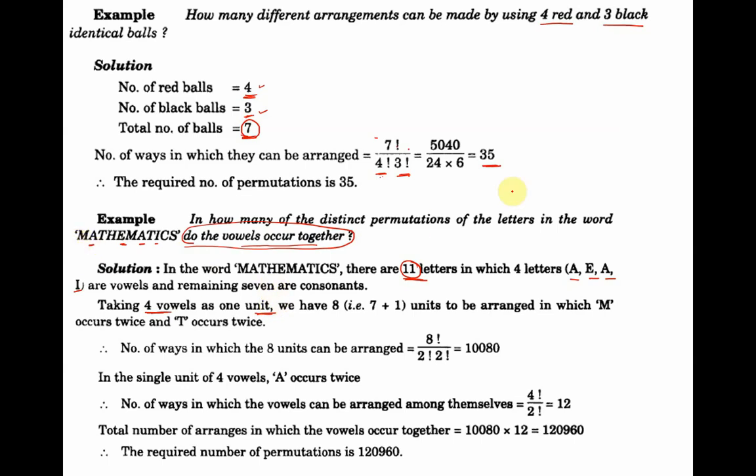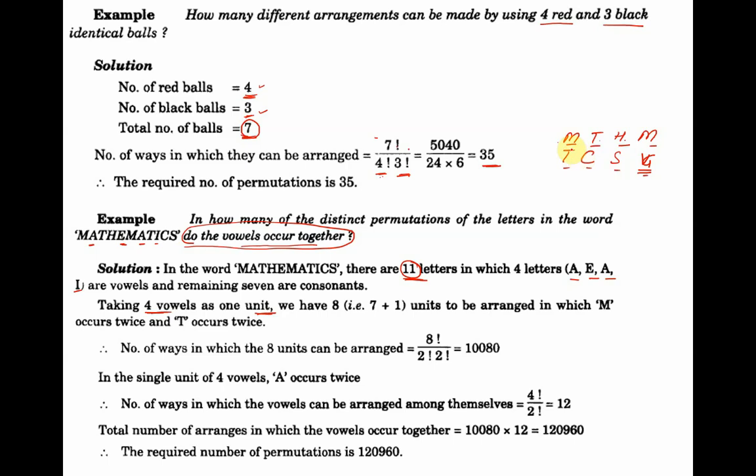So I have M, T, H, M, T, C, S. So I have 7 alphabets and 1 vowel group. Let's call it vowel group. So I have a total of 8 objects to arrange.